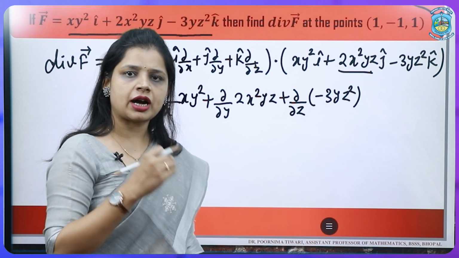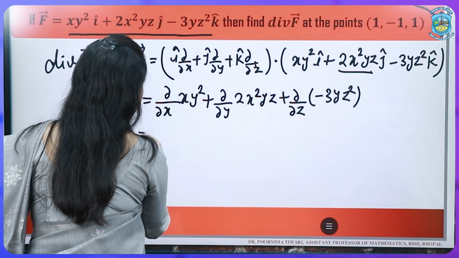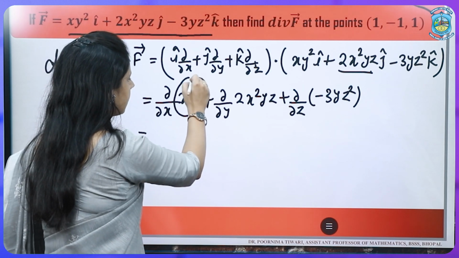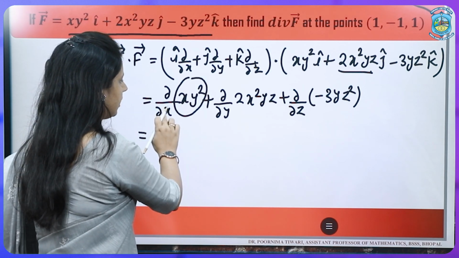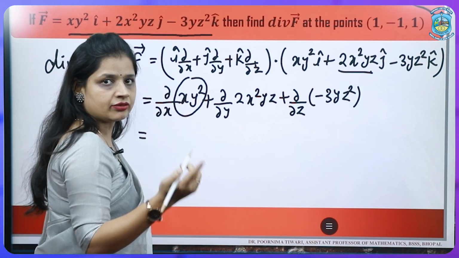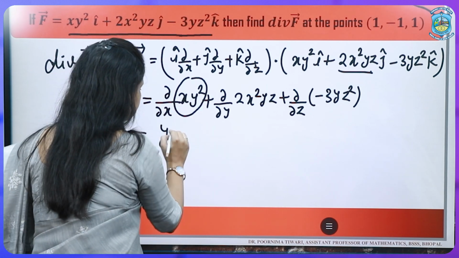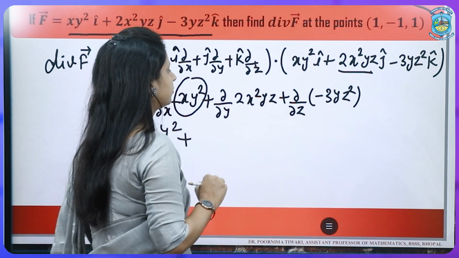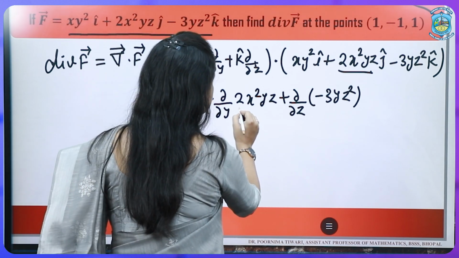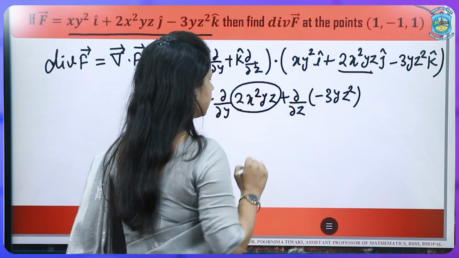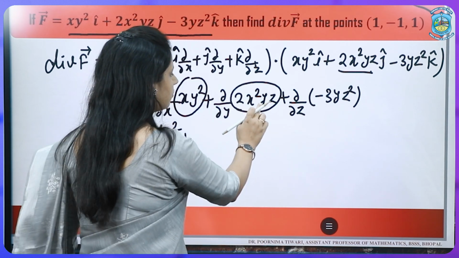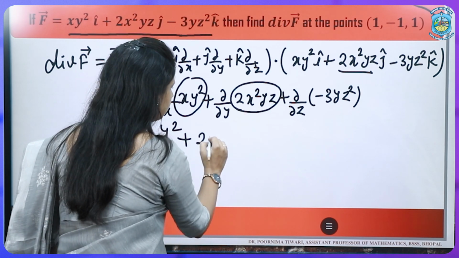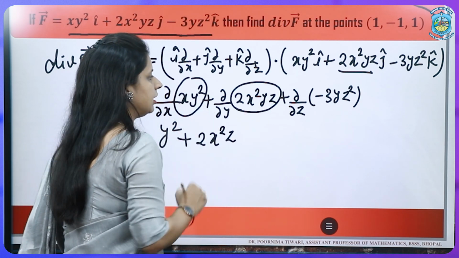Now, we have to do partial differentiation. When we differentiate the term xy square partially with respect to x, we differentiate x, that will give us 1 and y square stays as it is, plus. Now, when we differentiate the term 2x square yz partially with respect to y, we differentiate y, that will be 1 and the term 2x square z stays as it is.